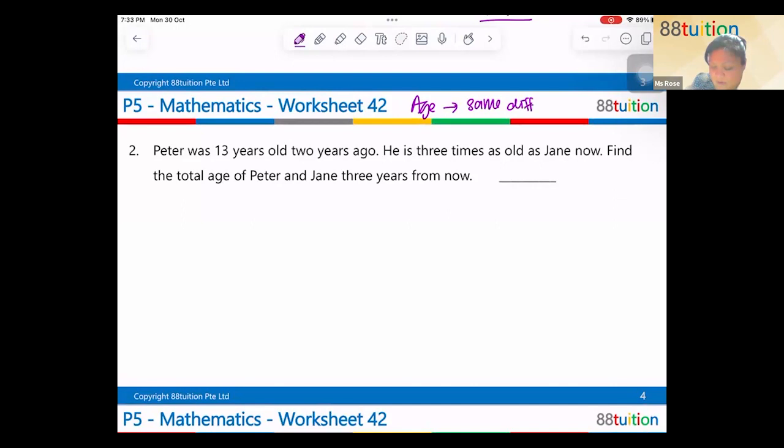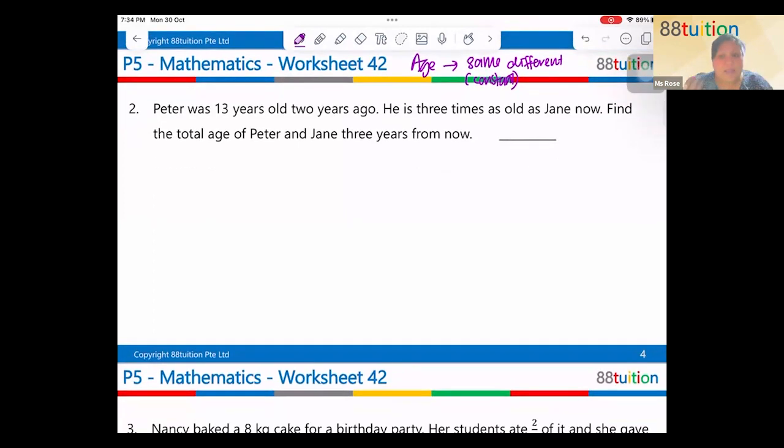Some call it constant difference, some call it difference unchanged. Regardless of what name you call it, the difference remains the same. That means the age difference between two people, whether in the past, now, or in the future, will always be the same. So take note of this.